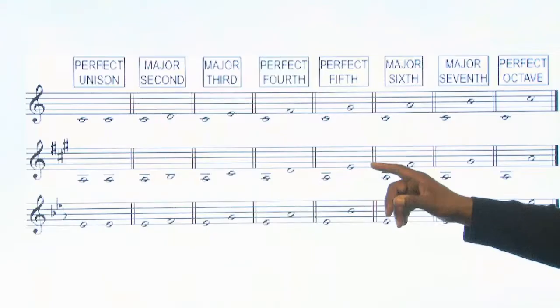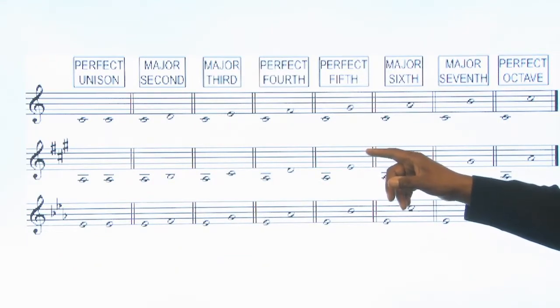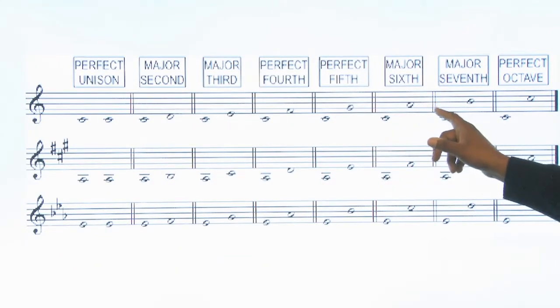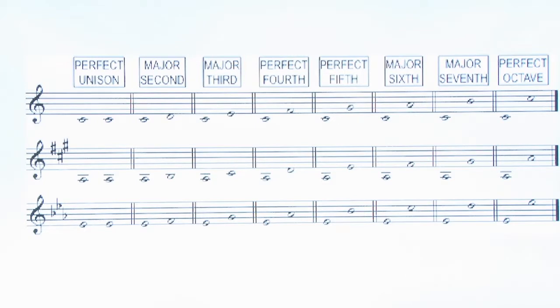Okay? So I'd like you to try a few of these. All right? Make a circle on the G line up here. All right? And create a major scale on G. Okay?